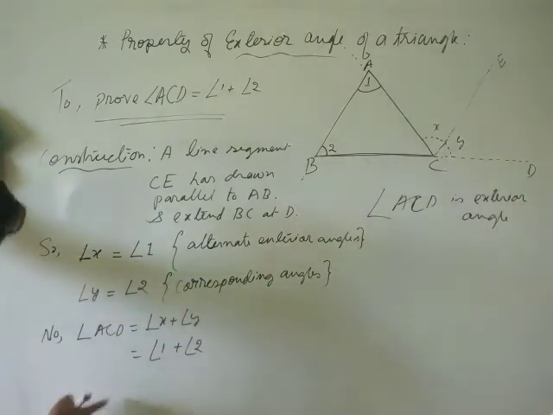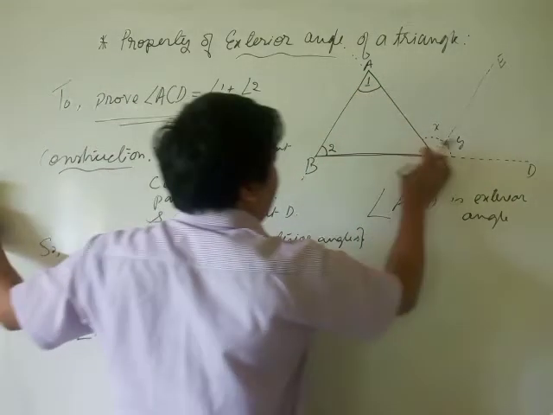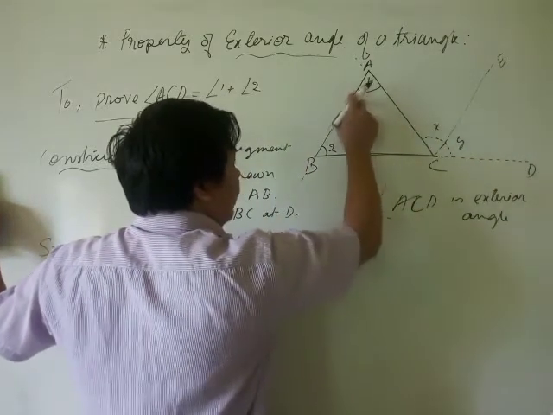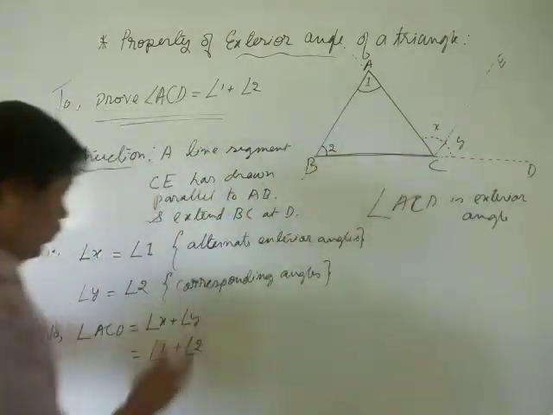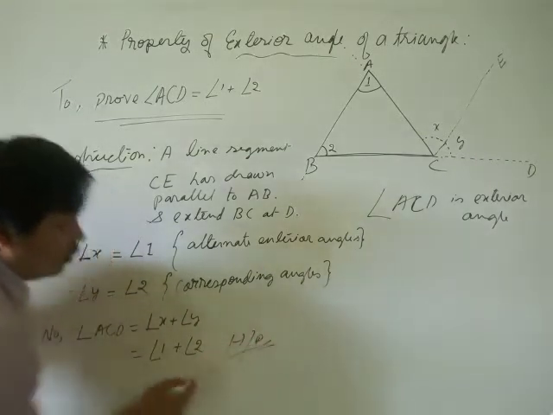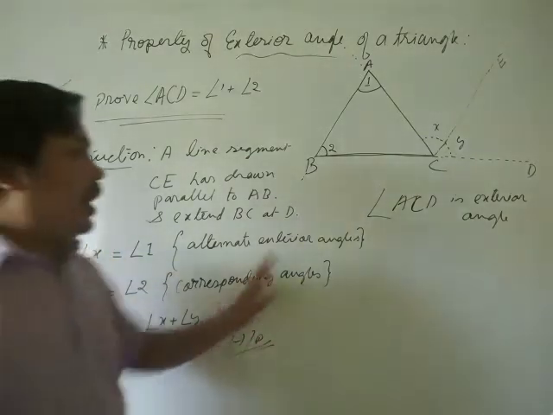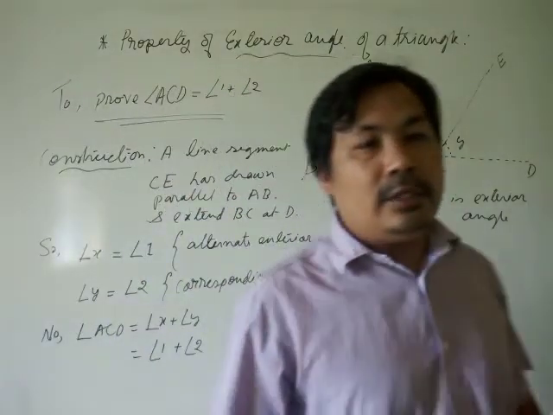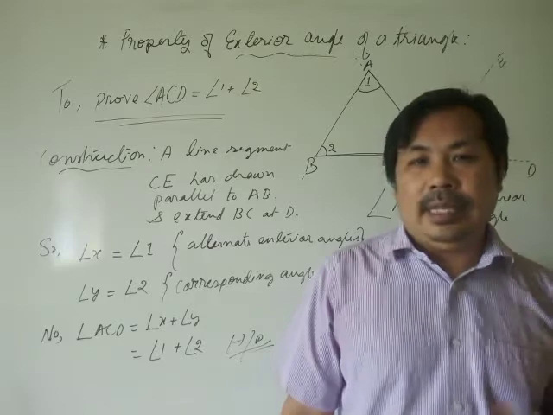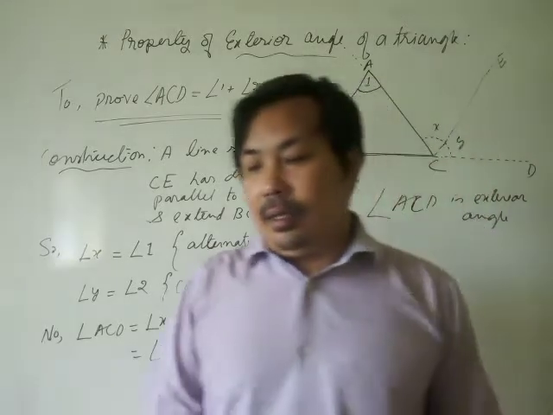That means we get here angle ACD, the exterior angle, is equal to the sum of its opposite angles 1 and 2. So we prove it, isn't it? Yes. Hence proved. So we have proved that the exterior angle is equal to the sum of its two opposite angles. That is the property of the exterior angle.